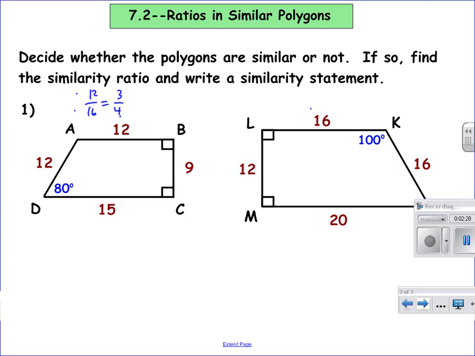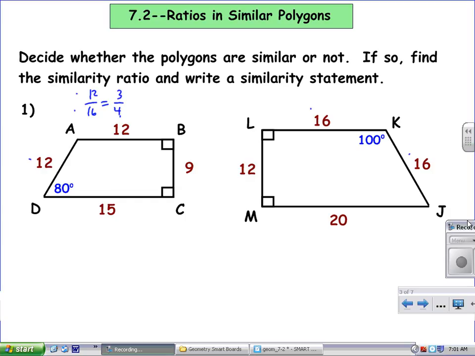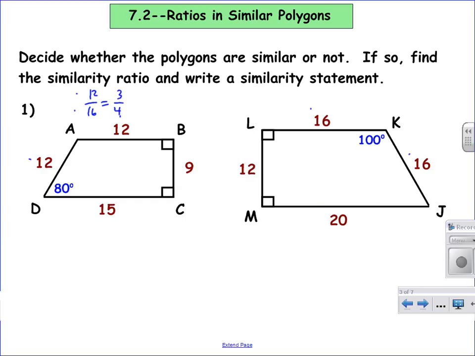The figures are flipped around, so 12 is to 16 here, KJ versus AD, basically. And 15 is to 20, which also simplifies to 3 over 4. 5 goes into 15 three times, 5 goes into 20 four times. Now the last one is the 9 for BC and the 12 for LM. 9 is to 12. 3 goes into 9 three times, 3 goes into 12 four times.